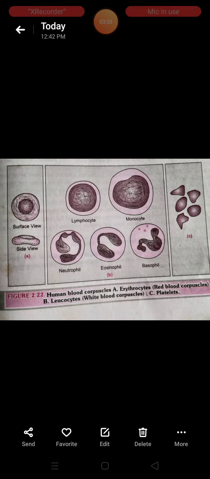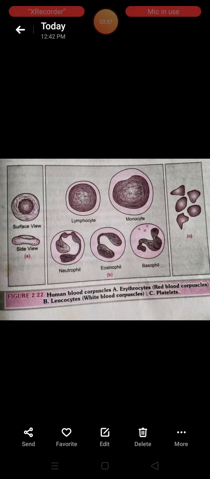Phagocytes are related with defense, and immunocytes are responsible for immunity. Here you can see the different types of WBCs, the variety of cells of the WBC.